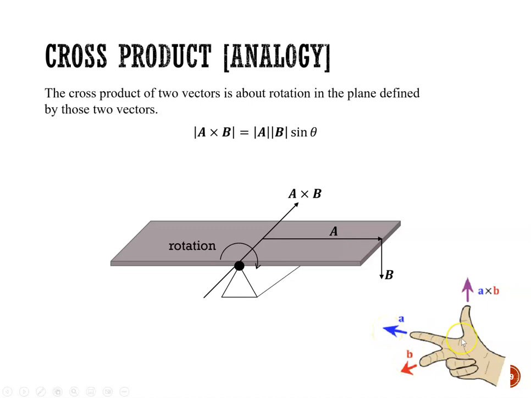The direction of A cross B uses the right-hand rule. So the cross product of these two vectors is about rotation in the plane, and you will get A cross B, which is here.